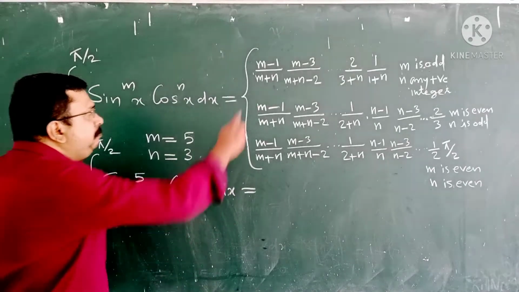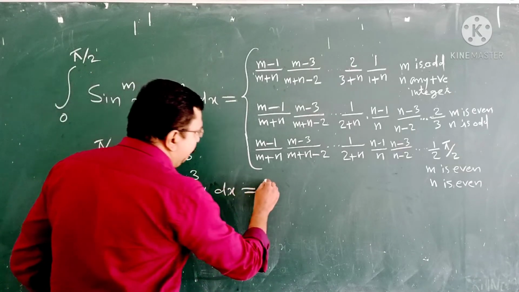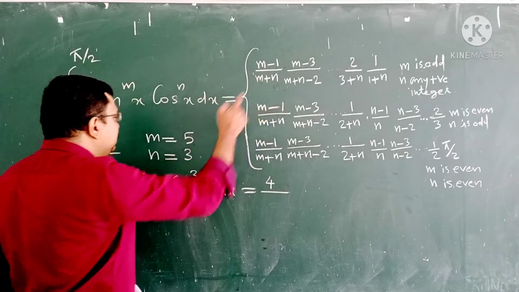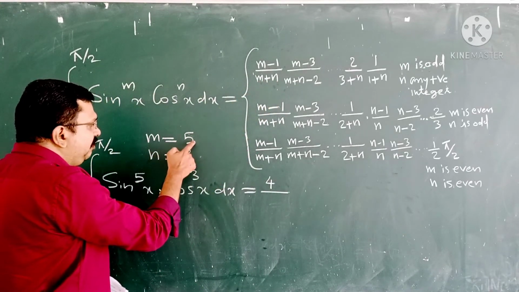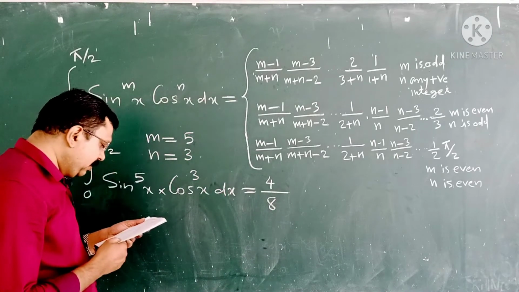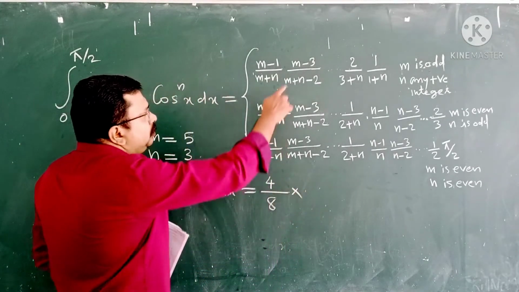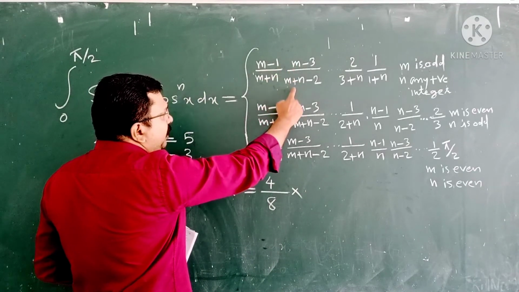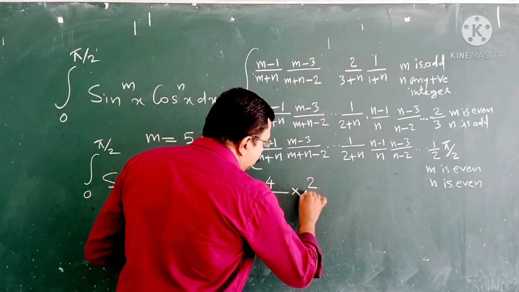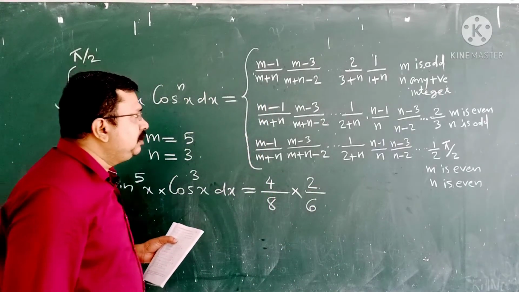Therefore, m minus 1 is 5 minus 1, that is 4, divided by m plus n, 5 plus 3, that is 8. That is 4 by 8 into, dividing numerator and denominator by 2, 4 by 8 is equal to 2 by 6.